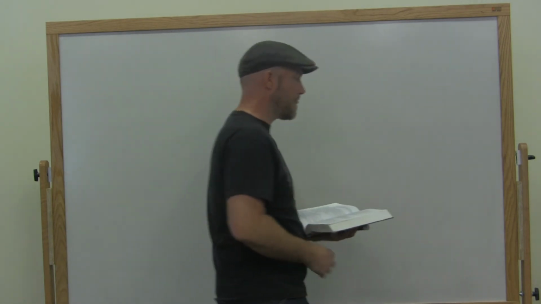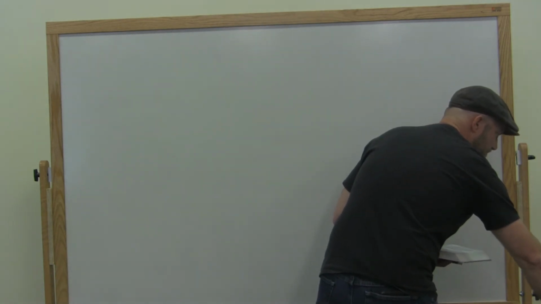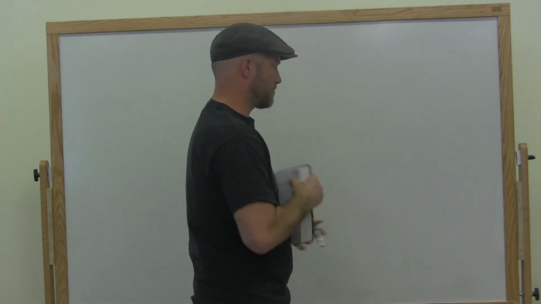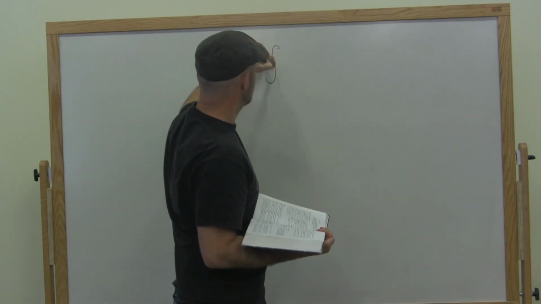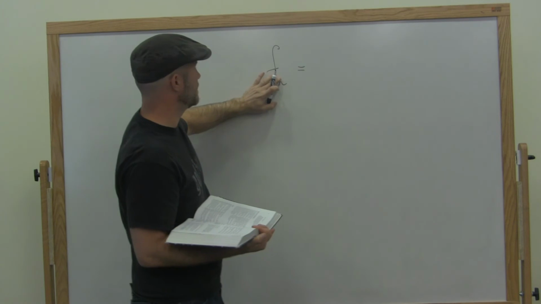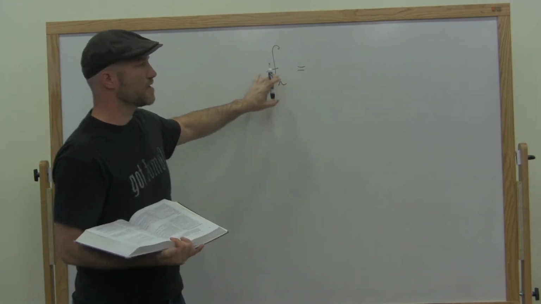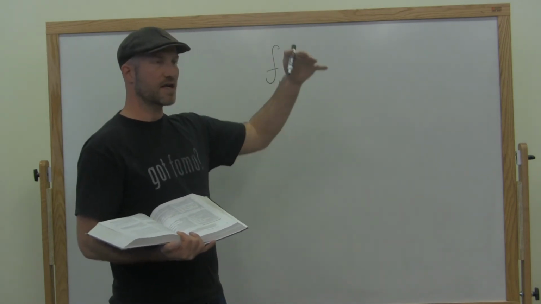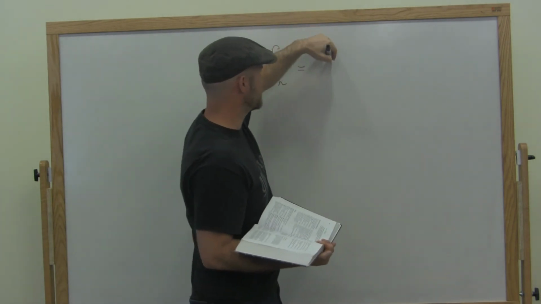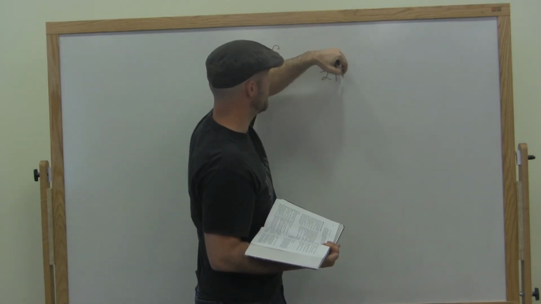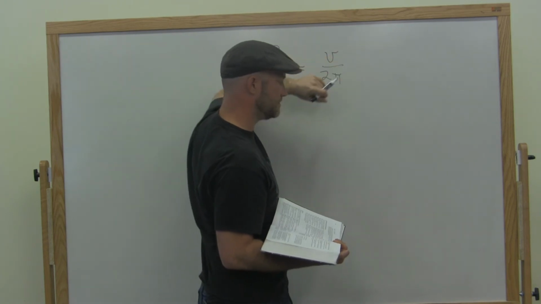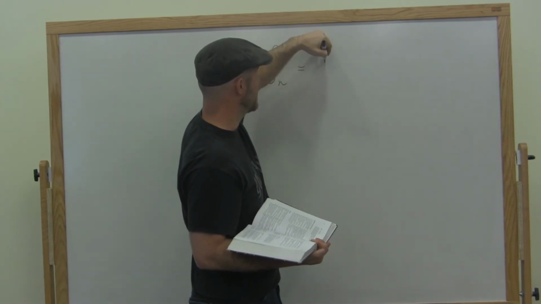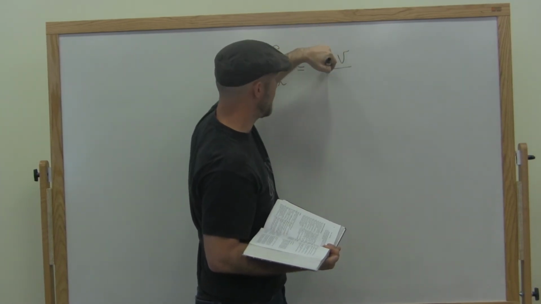And the equation that we use for that, let me just refresh your memory here. F subscript n, in other words, any frequency at harmonic number n, where 1 would be the fundamental and then stacks above that, is equal to n v divided by 4L.